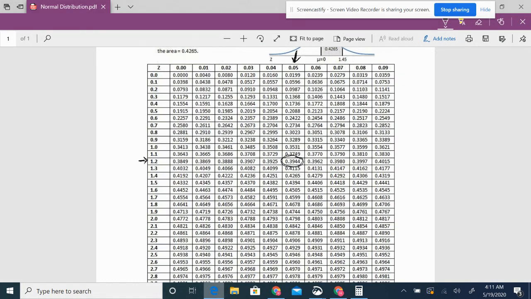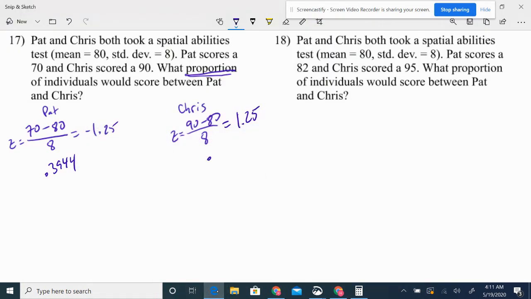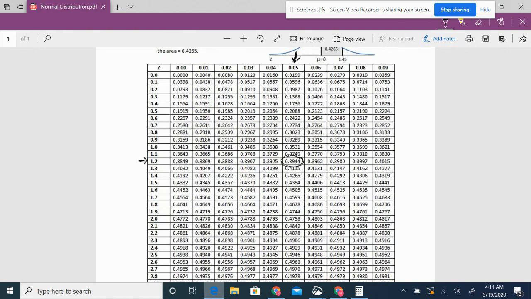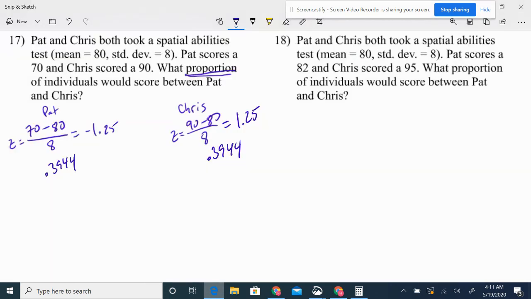I use the same value for both. Why? Because they have the same z-score. I know one is positive, one is negative, but they both have 1.25. So notice I just look for 1.25.